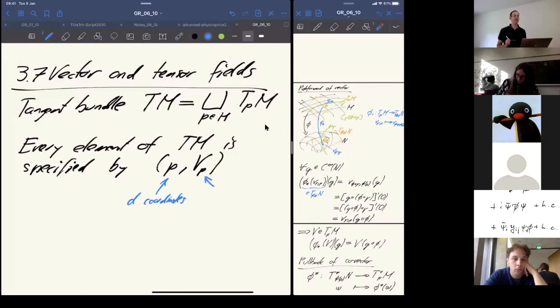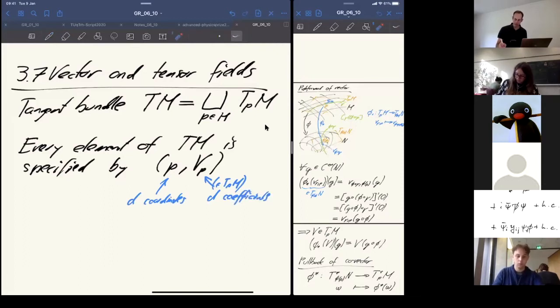And then to define a vector, because that's an element of the tangent space T_pM, that requires again D components, or coefficients, if I write the vector in terms of a basis. So in total, an element of this new object we defined is specified by a place, with the coordinates, and by a direction.